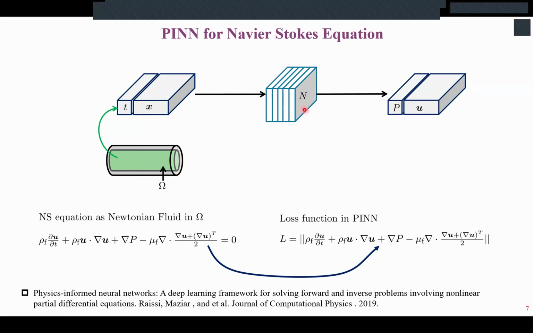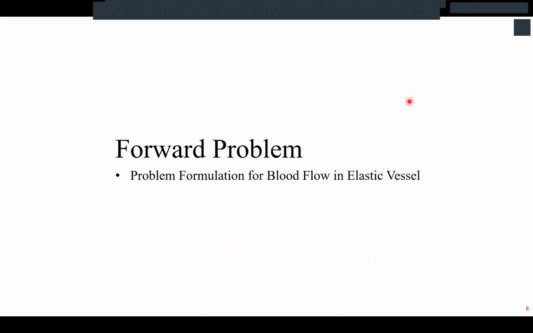To make these neural networks output the correct results, we hope this P and U satisfy the Navier-Stokes equations. To do this, we need to convert these equations into residual forms, and these residual forms could then be used as a loss function to train these neural networks. After it's sufficiently trained, these networks could produce the desired variables accurately for us.